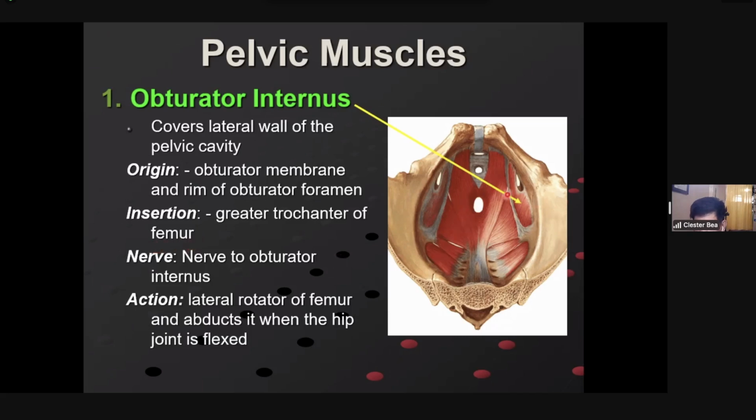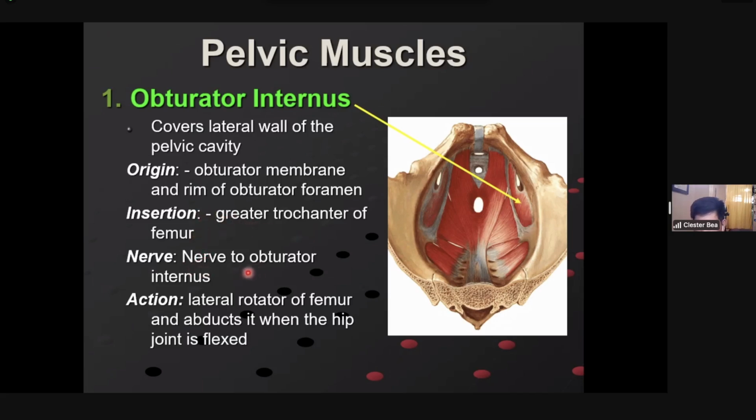So the muscle is found inside the pelvic cavity, but it inserts outside the pelvic cavity, to the femur. Initially, the obturator internus muscle is wide inside the pelvic cavity, but it will taper, narrowing into an almost tendon-like structure, so that it exits the pelvic cavity via the lesser sciatic foramen and attaches to the greater trochanter.